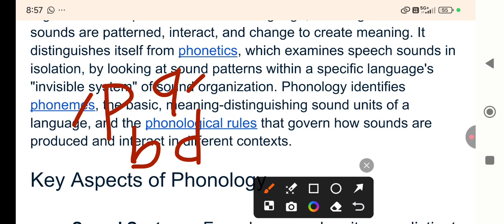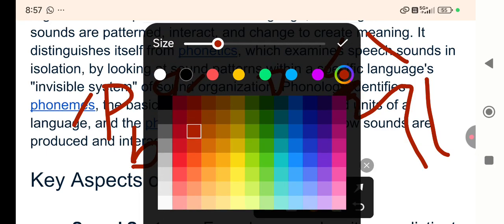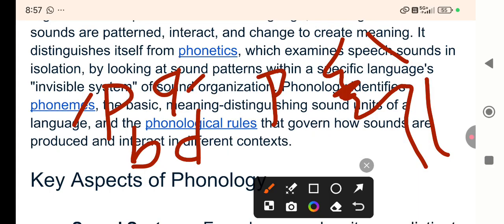And phonological rules govern how sounds are produced, how p is produced, right? When we see the organs of speech, how that p sound is produced, this part swells when we say p. So this part swells, right?